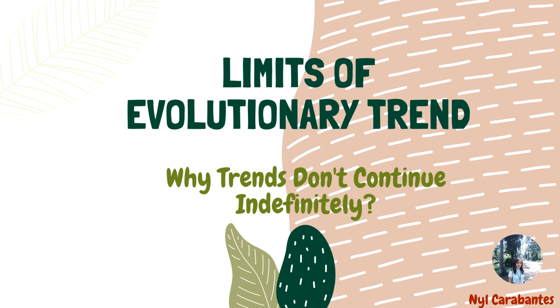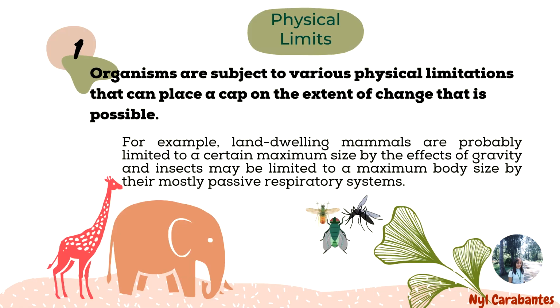Why don't trends continue indefinitely? There are several possible explanations for why trends may be limited in scope. First, physical limits. Organisms are subject to various physical limitations that can place a cap on the extent of change that is possible.